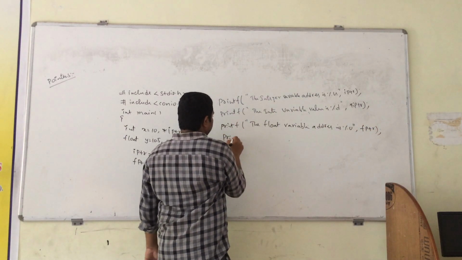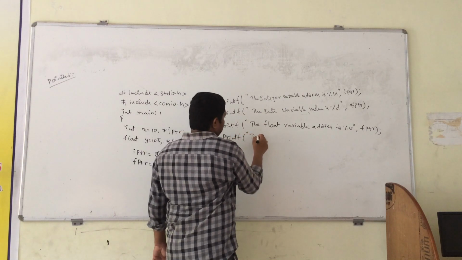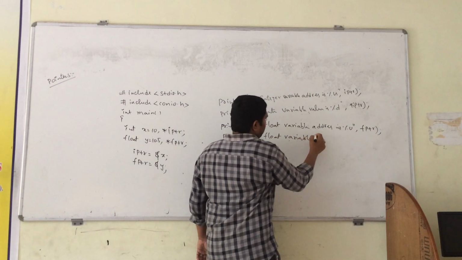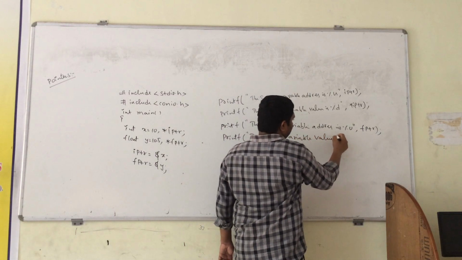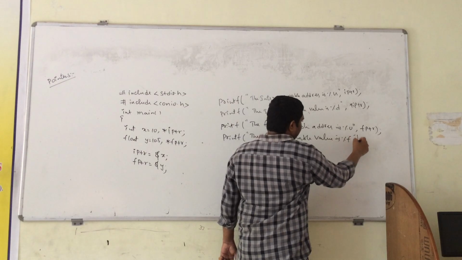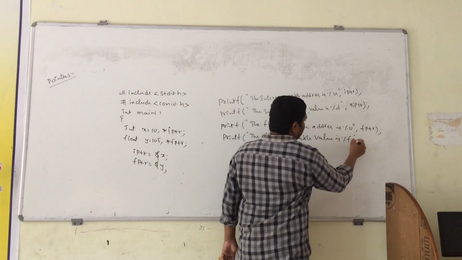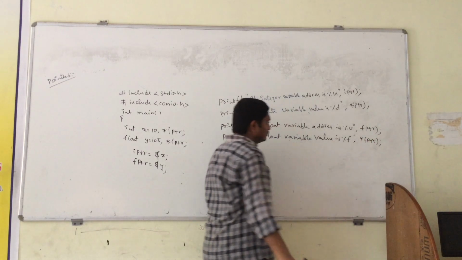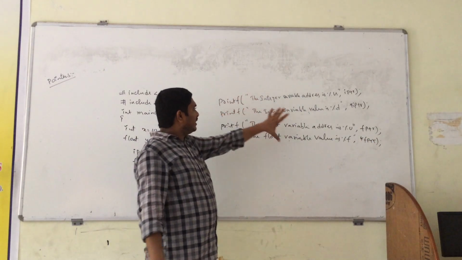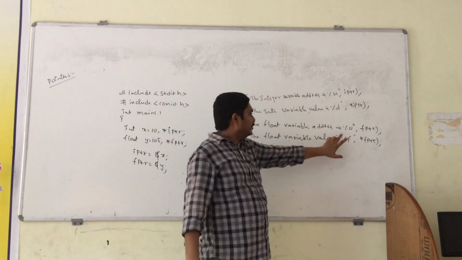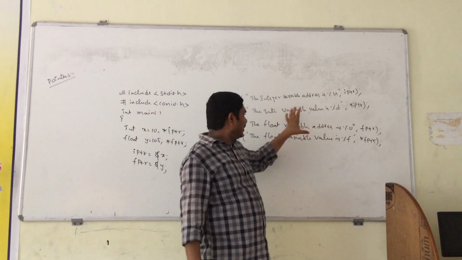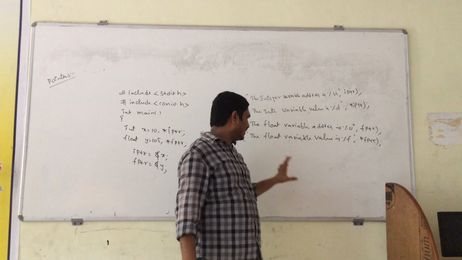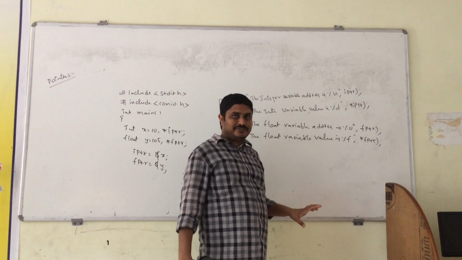Again, printf: the float variable value is %f, *fptr. Just observe, for printing the address we use %u in both cases, but in printing the value, for the integer value we take %d, and for the float value %f.